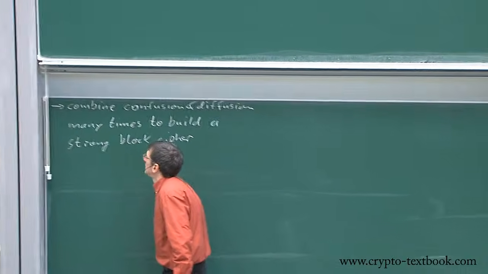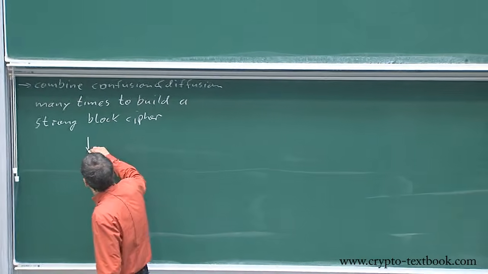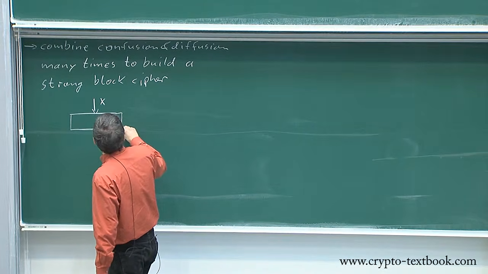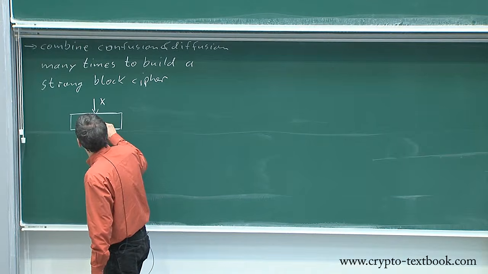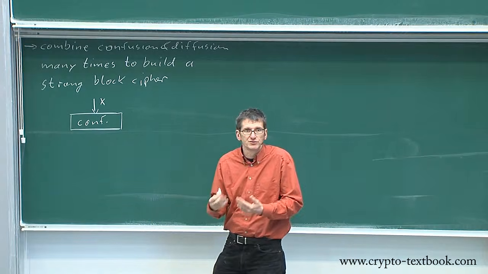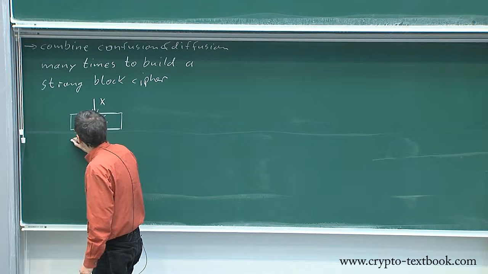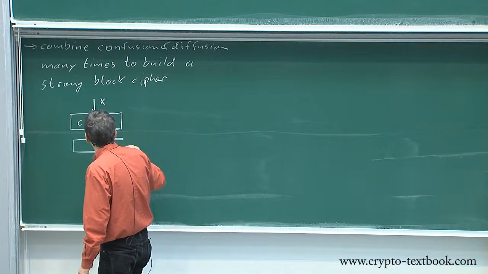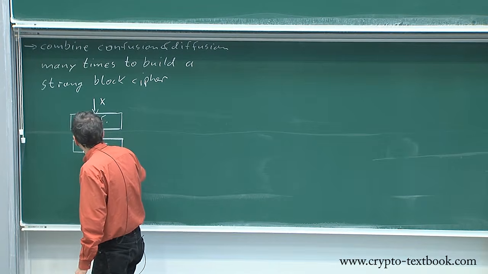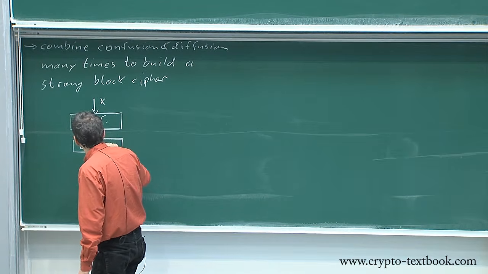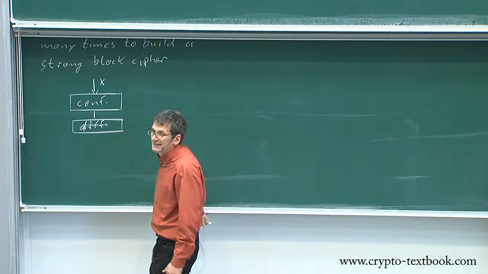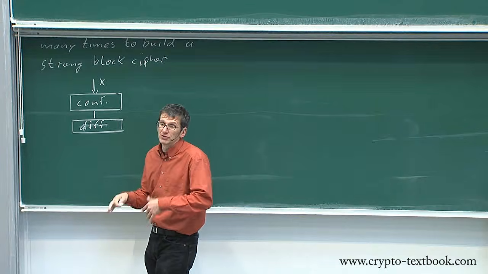That means you start with your plain text X and you have some confusion element, something like a substitution table. You do some permutation, diffusion, that's what I wanted to write here. So you do confusion, you do diffusion. Don't stop now, you do that again.